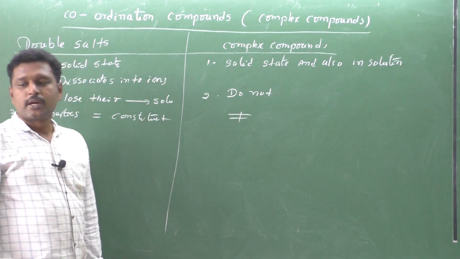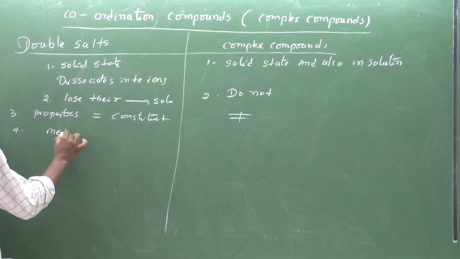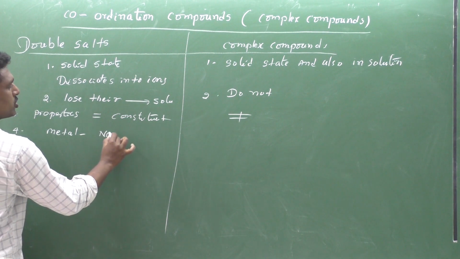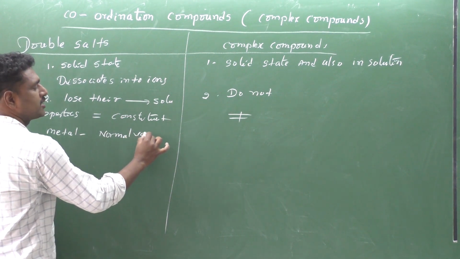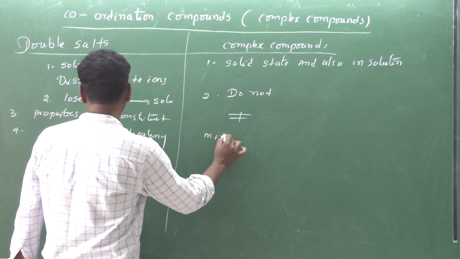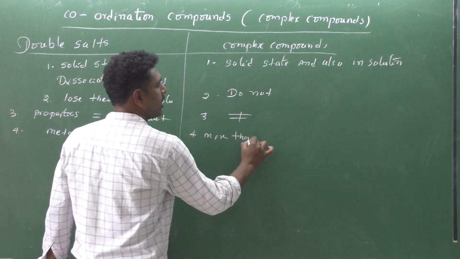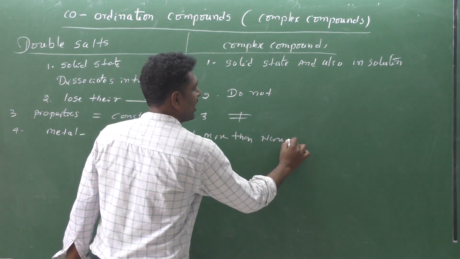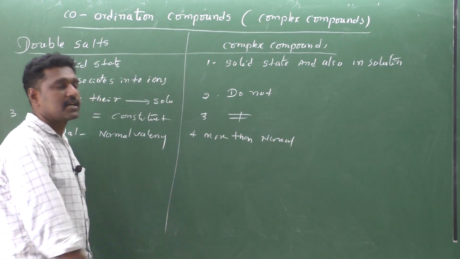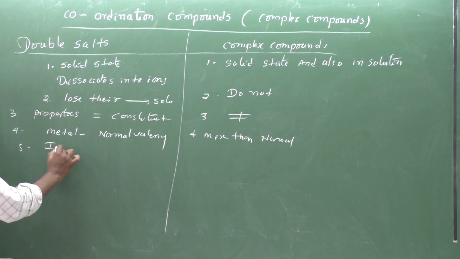After that, in double salts the metal exhibits only normal valency, but in complex compounds more than normal valency.